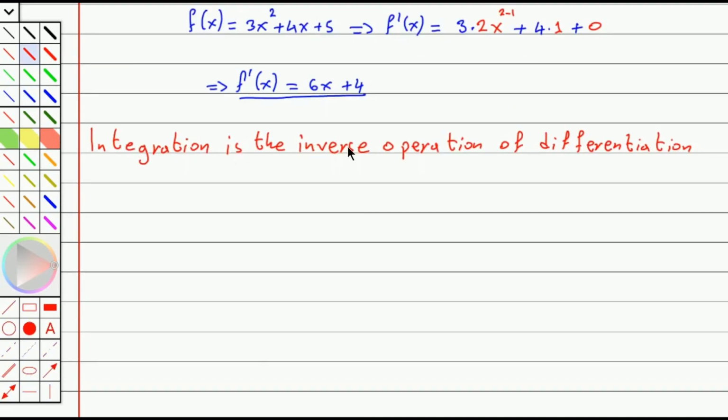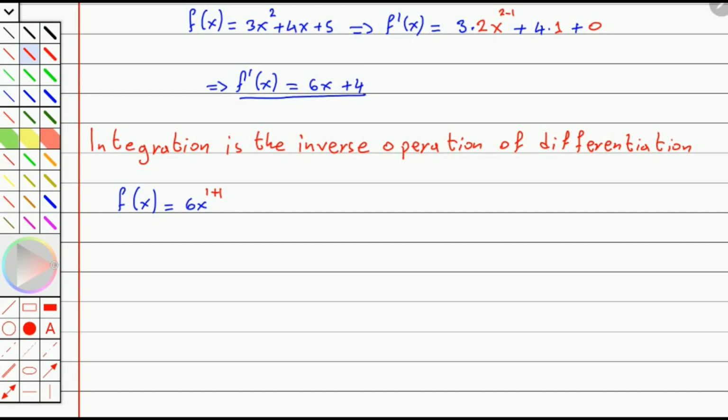Integration is the inverse operation of differentiation. So if we are given the derivative of a function, we can go back to the original function. So let's do the opposite steps that we have done for differentiating f of x. So that to retrieve f of x, we are going to have the derivative, 6x. We are going to increase its exponent by 1, so we have 1 plus 1.